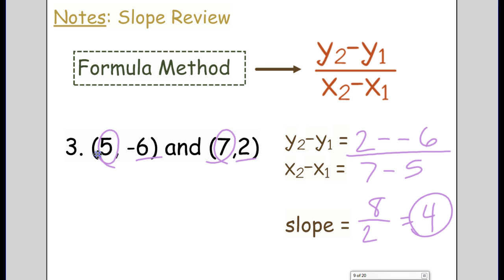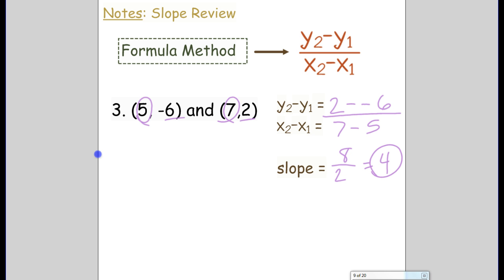So another way that I recommend that you try when you're given 2 points is to make, I know you think it's a lot of extra effort, but it's really not. If you make yourself a tiny little table and you just put the points in, 5, negative 6, and 7, 2, then just find your delta x and your delta y like we did with table building.